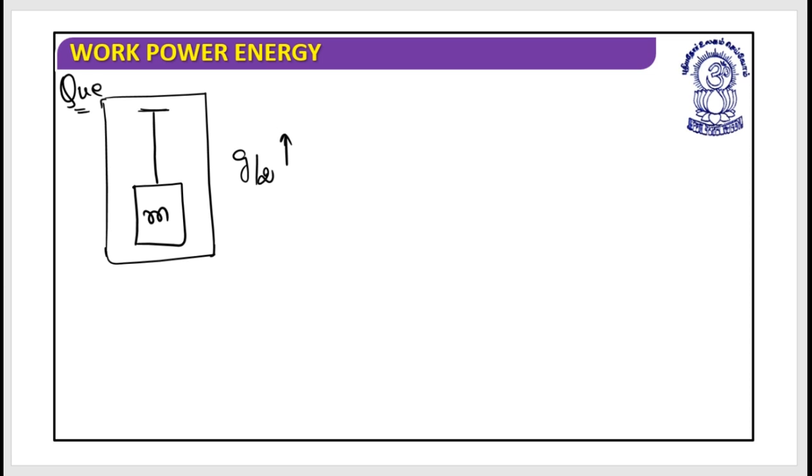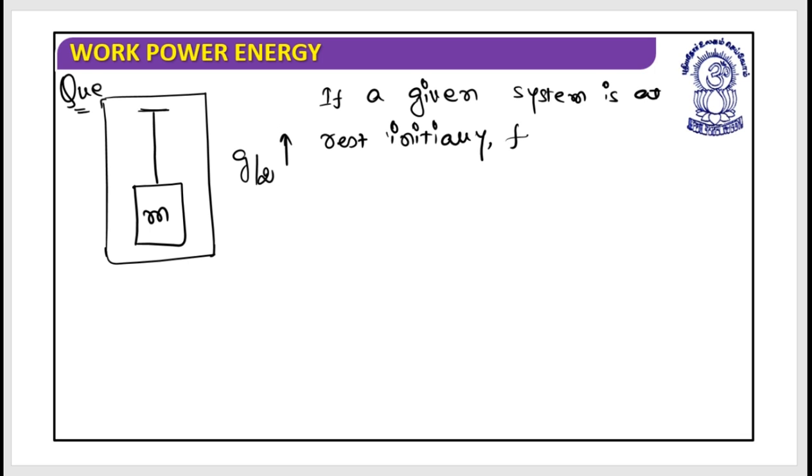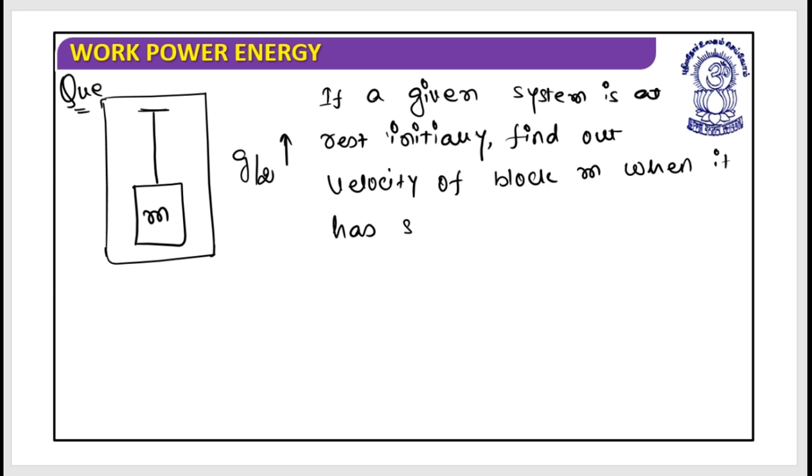If the given system is at rest initially, find out the velocity of block M when it has shifted by h meters.